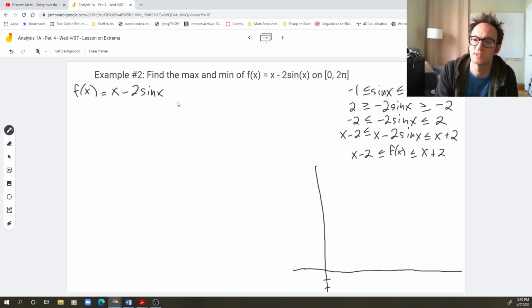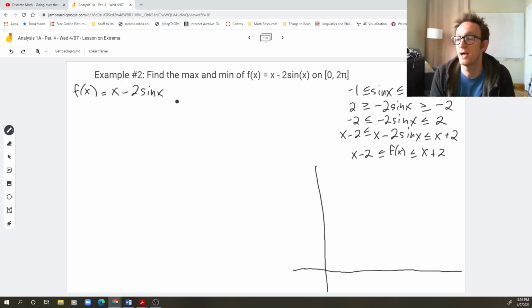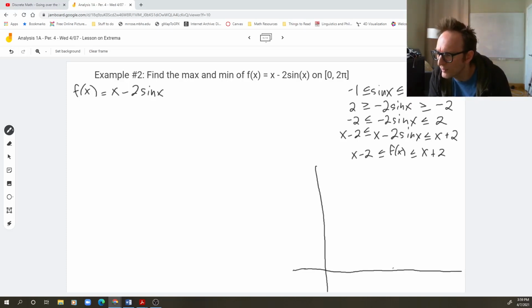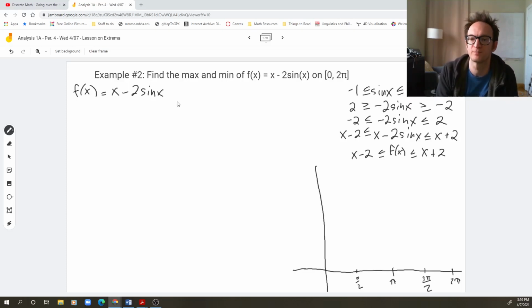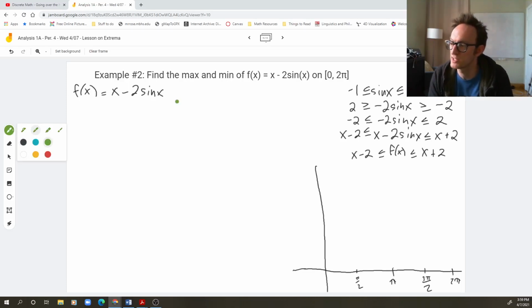Maybe I don't want those tick marks there because it's a sine function, so I care about things on the interval from like pi to 2 pi. So let's let that be pi, let's let that be 2 pi and pi over 2 and stuff. So here I'm getting ready to graph the function. And then what do I know about this function? I know that there's this line.